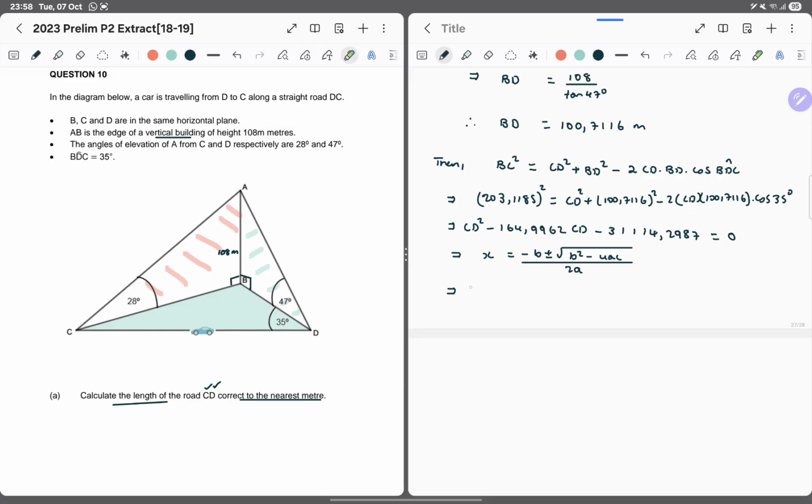So this implies that CD is going to be equal to minus into 164,9962.